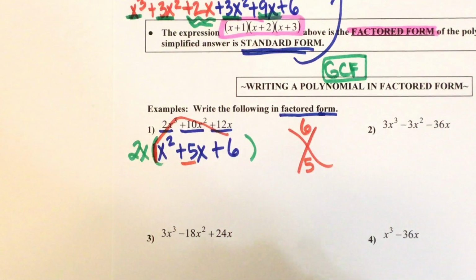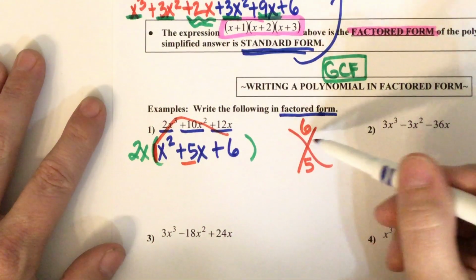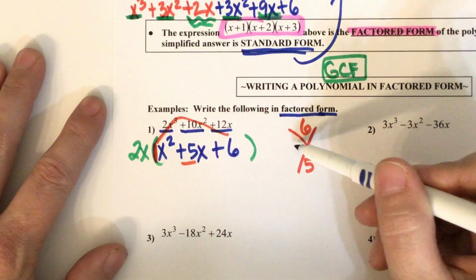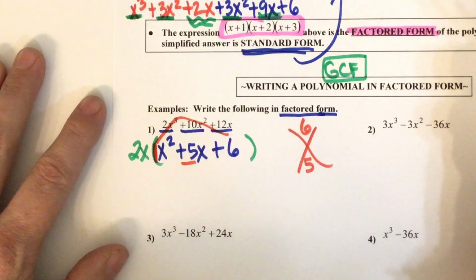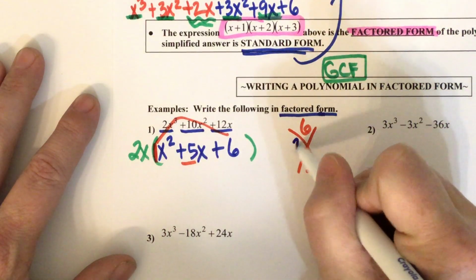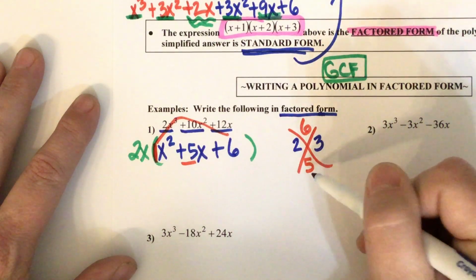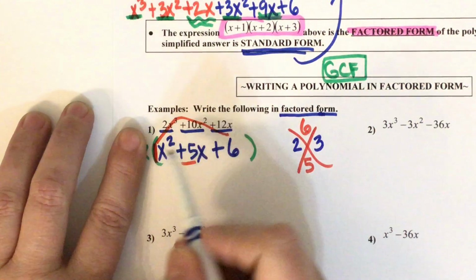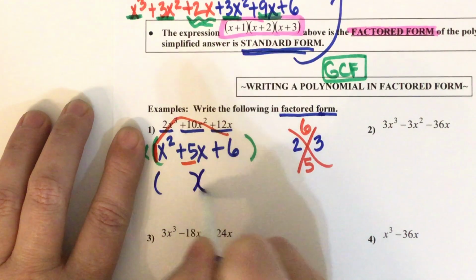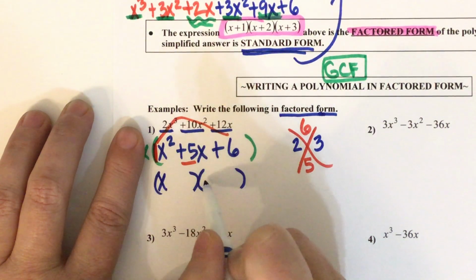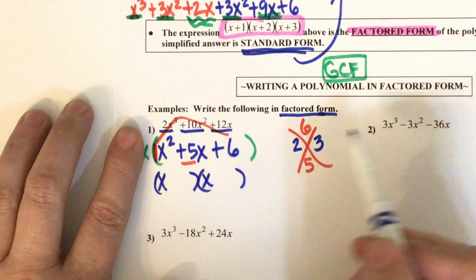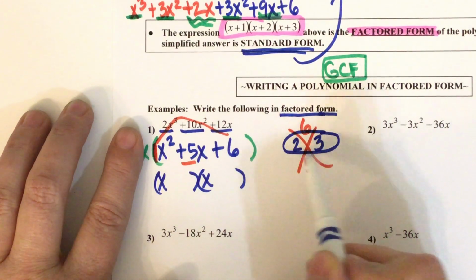All right, so what two numbers multiply to make 6 and add to make 5? 2 times 3. 2 times 3 is 6, and 2 plus 3 is 5. Okay, because it's the easy one, I can go straight to the parentheses. You put the letter you're working with in the front, and you write the numbers down that you found in the back.